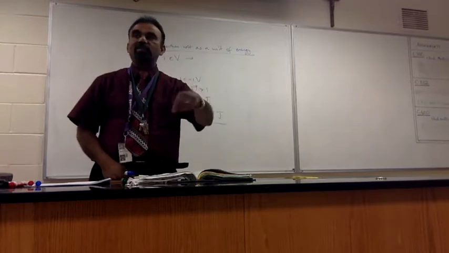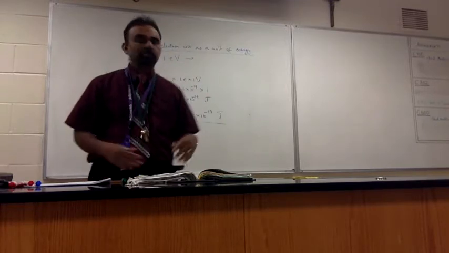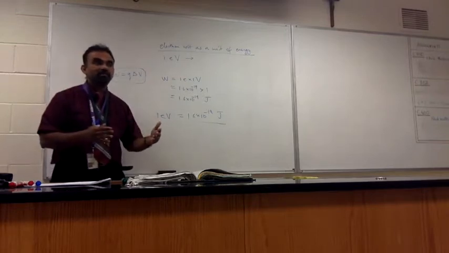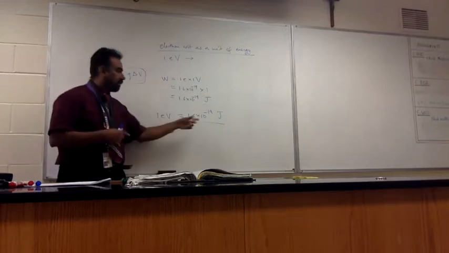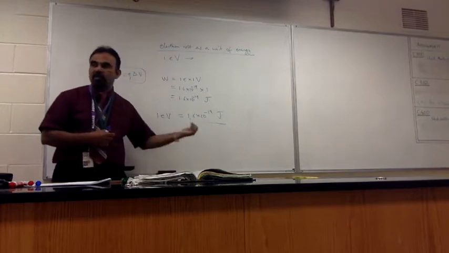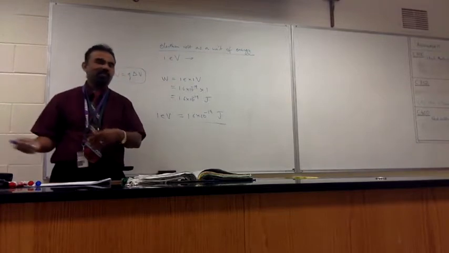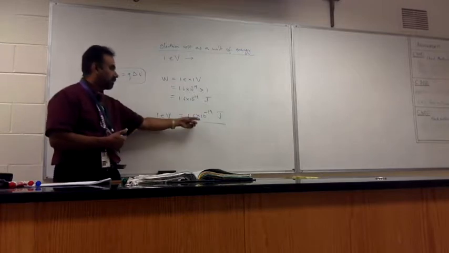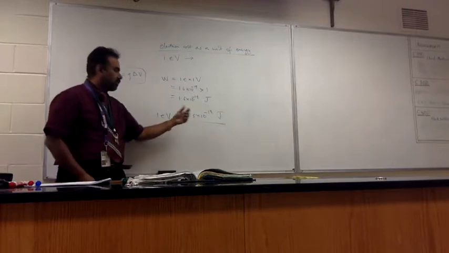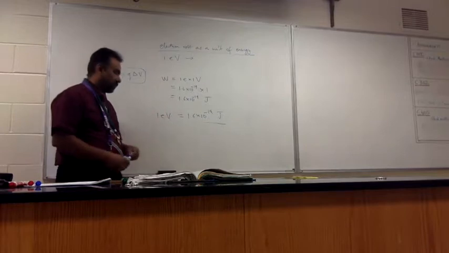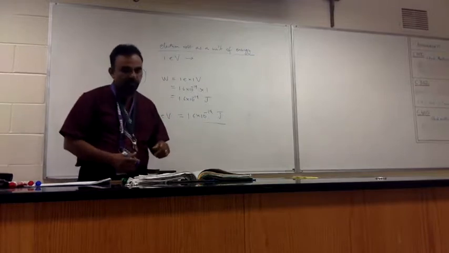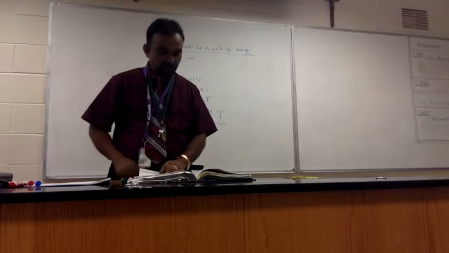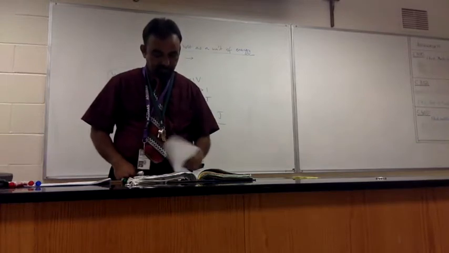So you get the amount of energy in joules and then divide it by that number. If you divide it by that number, you're getting the answer in electron volts. So electron volt is a unit of energy and not potential or potential difference.